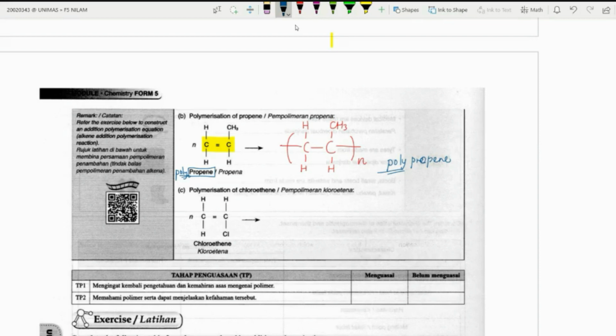I think you should be able to draw it correctly. Polypropylene is also accepted, but we normally write the simple one. Polypropylene is also correct, another name for it.